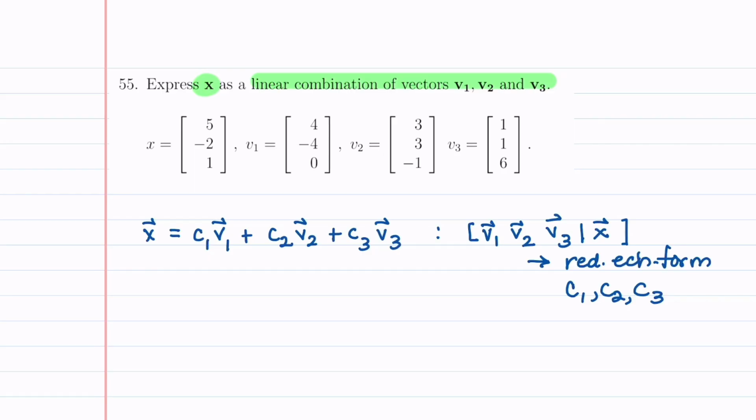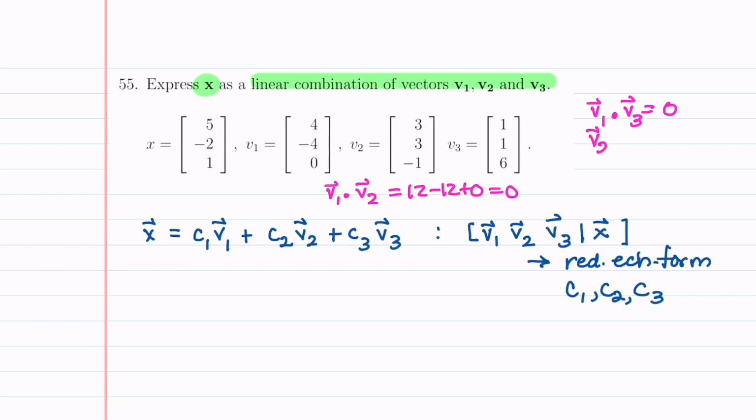If we take the dot product of v1 dotted with v2, we're going to get a 12 minus 12 plus 0, which is 0. If we take the dot product of v1 with v3, I'm not going to write this down, but we're going to get a 4, a minus 4 plus a 0, so that's 0.